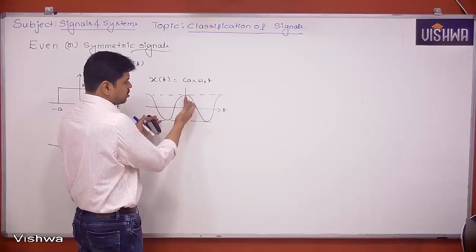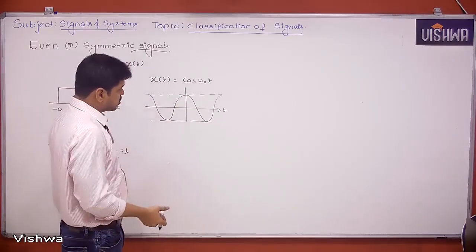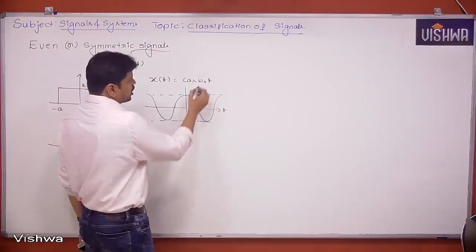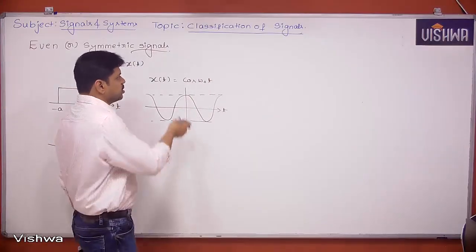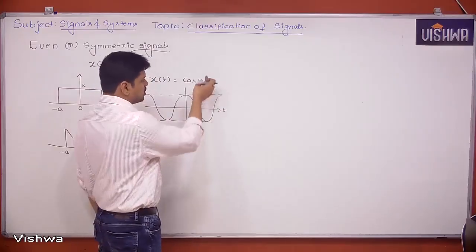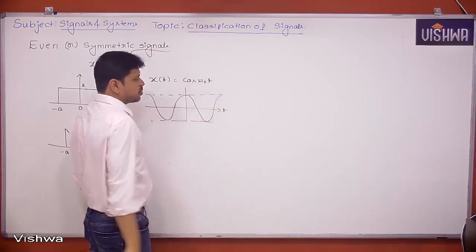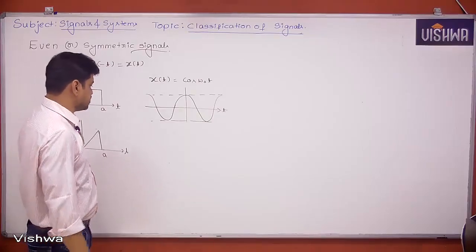If you see with respect to the y-axis, it is symmetric. So I can say this is also an even signal. Or if you replace t with minus t, and find x of minus t, we know that cos theta and cos minus theta are both the same. So again you get the same thing. So this is also an even signal.